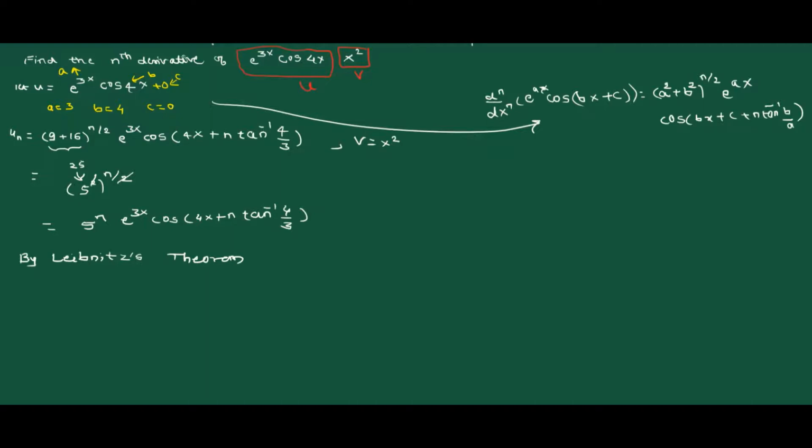I will write directly. So that is d raised to n divided by dx raised to n is equal to nC0 into the nth term, which is 5 raised to n e raised to 3x cos(4x plus n into tan inverse 4 by 3) into v, which means it is into x square.